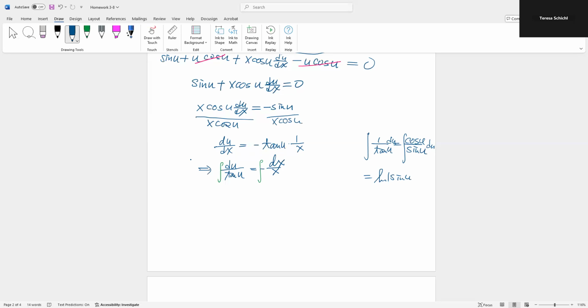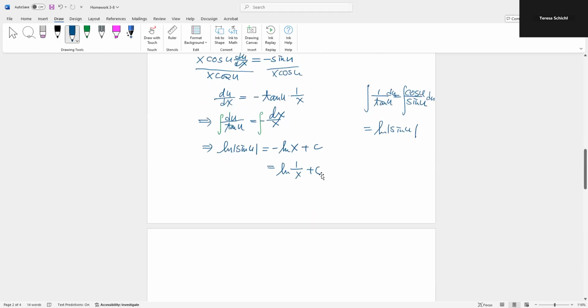So I will have ln sine u equal to negative ln x plus c, so this will be equal to ln of 1 over x plus c.